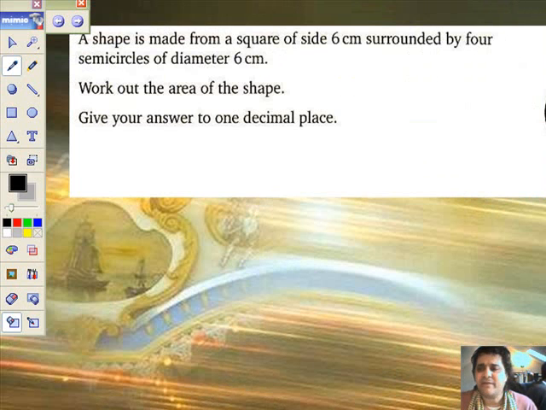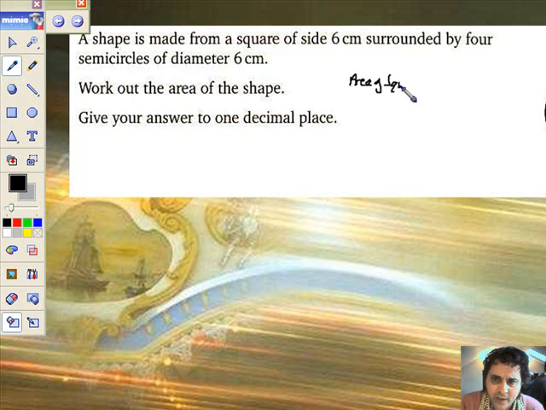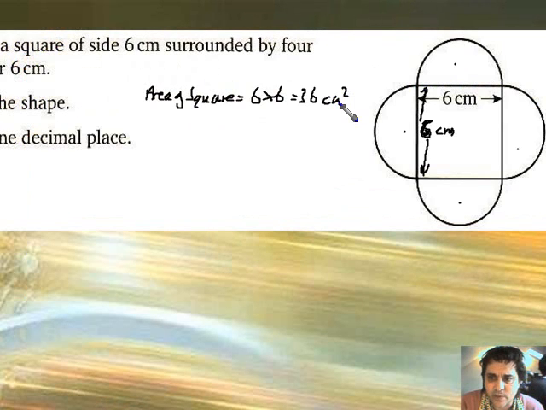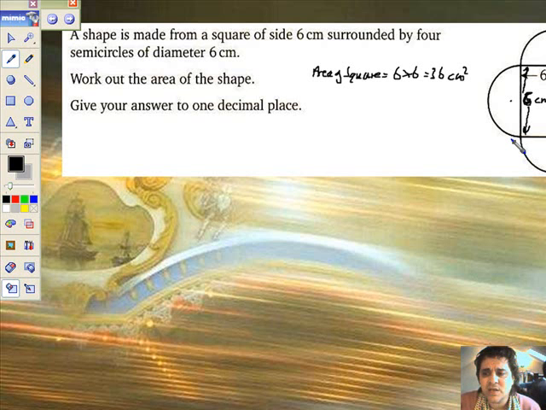Now look, let's just do the square first of all. I'm going to make it fit right here. Look, area of square is going to be 6 times 6, and that equals 36 centimetres squared. Easy. Now what about these 4 semicircles? If I have 4 semicircles, I've effectively got 2 whole circles.